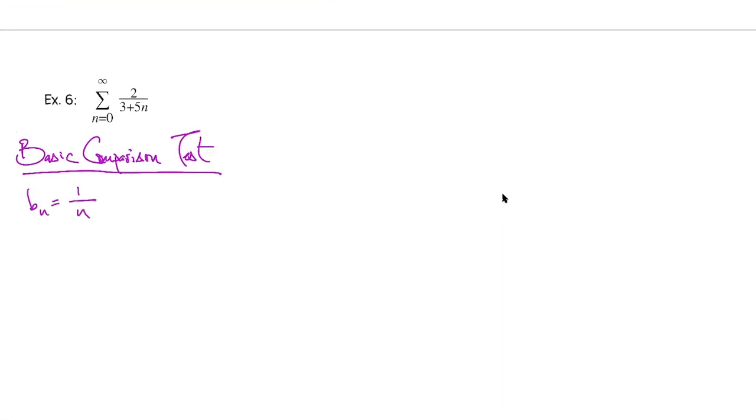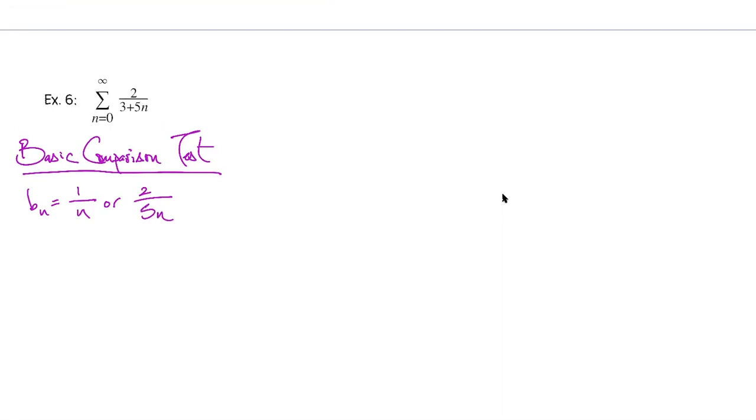What else could b sub n be? Two over 5n. Could do 2 over 5n. Yeah, I would agree. I think that either one of these options could work.